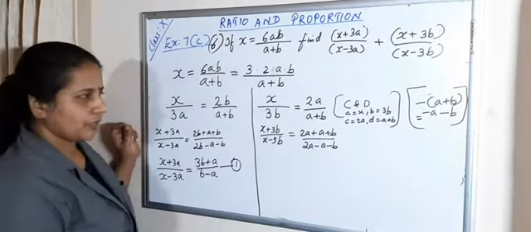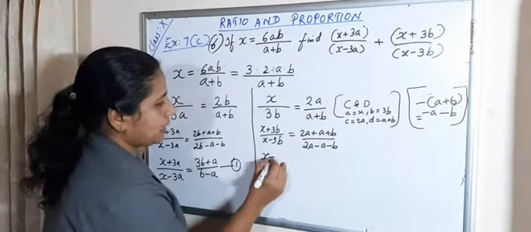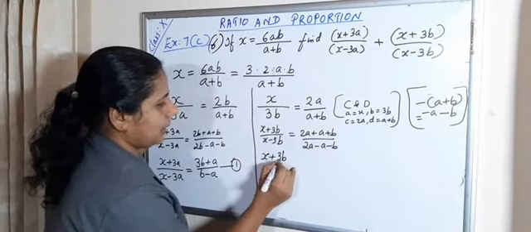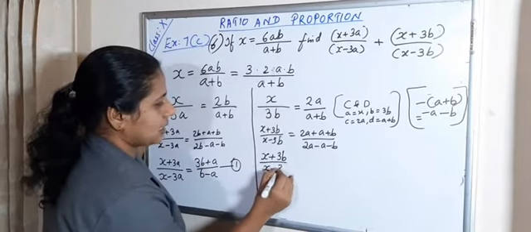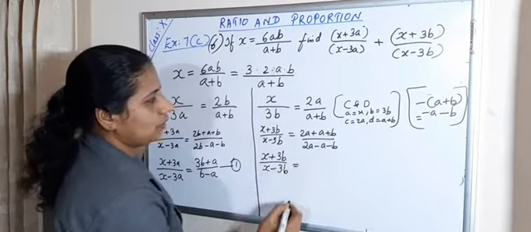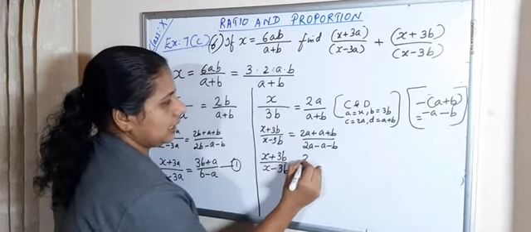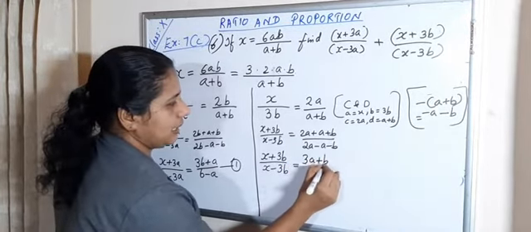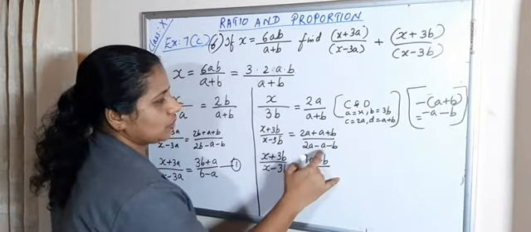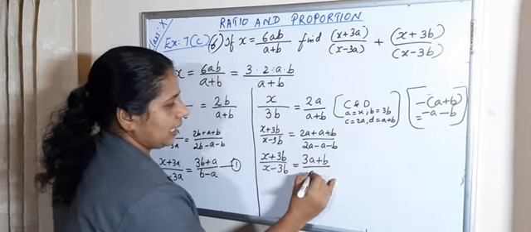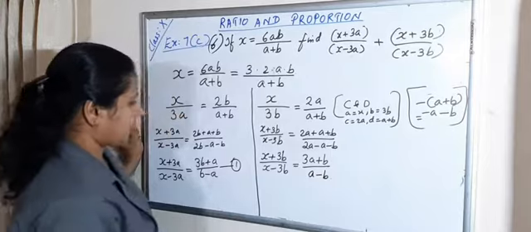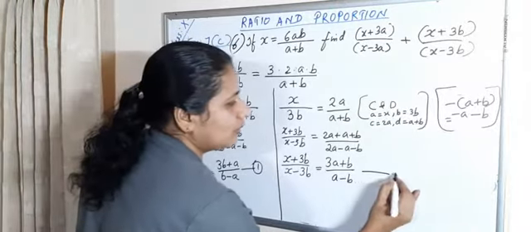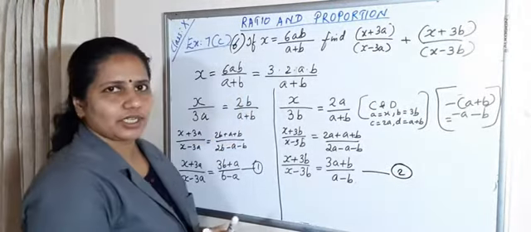Okay. So, (x + 3b)/(x − 3b) = (3a + b)/(2a − a − b). Put it as equation number 2.